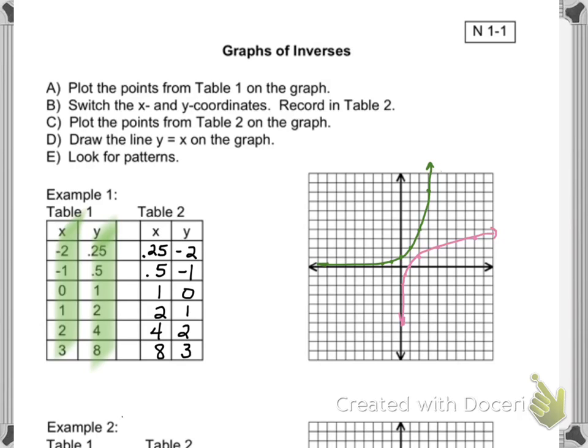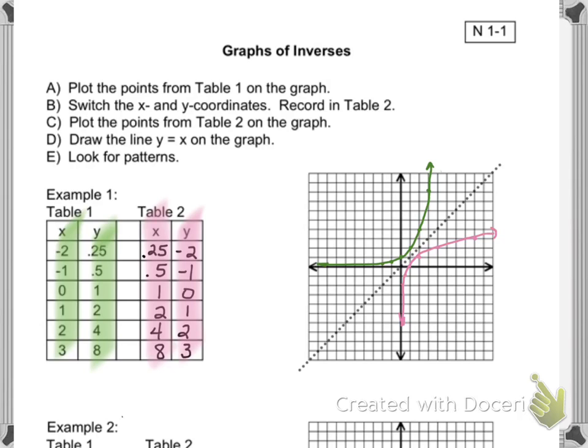C, we plotted them. Now it says draw the line y equals x. Let me go ahead and show, though, that this is highlighted in pink so we can know which points go with which graph. Now it says to plot y equals x on the graph. So the y equals x line is the parent linear function, goes through the origin, has a slope of 1.